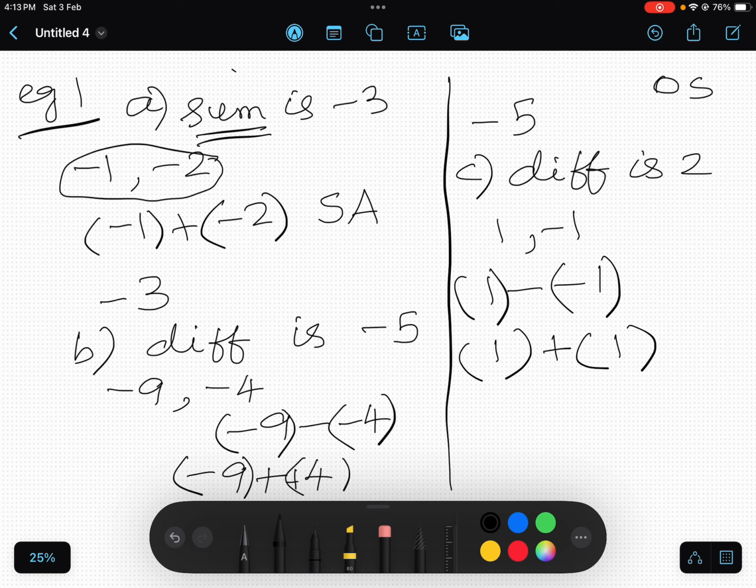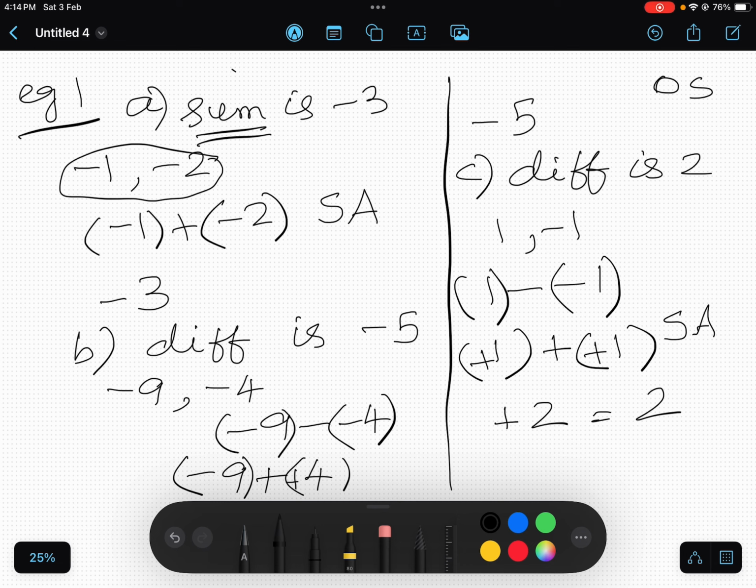Now we have it like this. Now both the ones have a plus sign. The integers are having the same sign, so we have to add. 1 plus 1 is 2. And because the two numbers have a plus sign, this 2 will also have a plus sign, which means you can just write it as 2. So this is the answer.